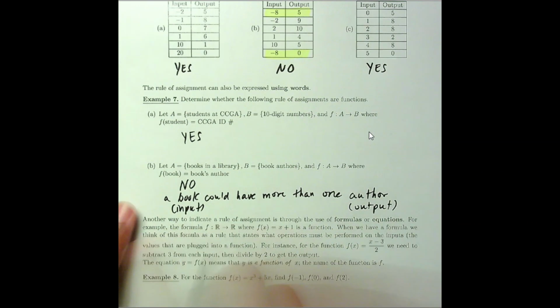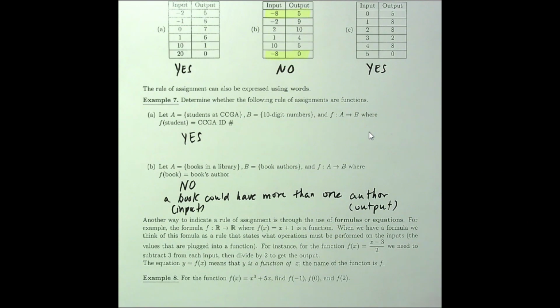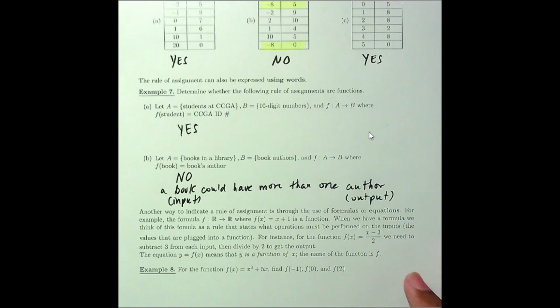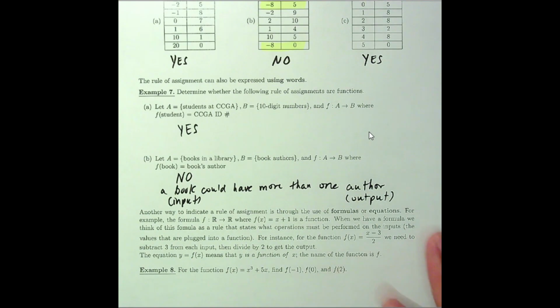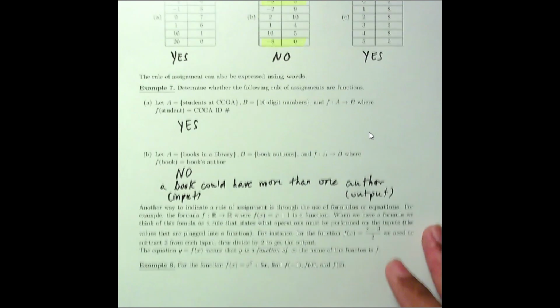So one input could have more than one output, and that's not allowed. And it's very easy to find a book that has more than one author. So that's not a function.